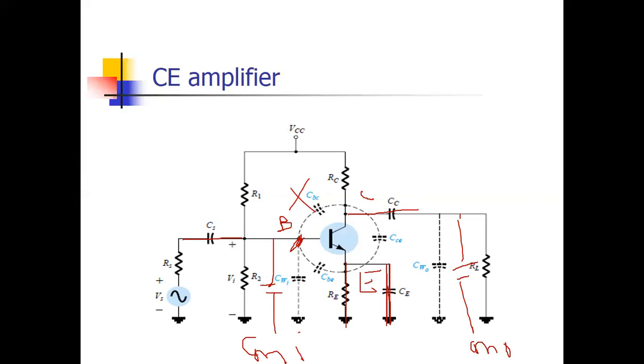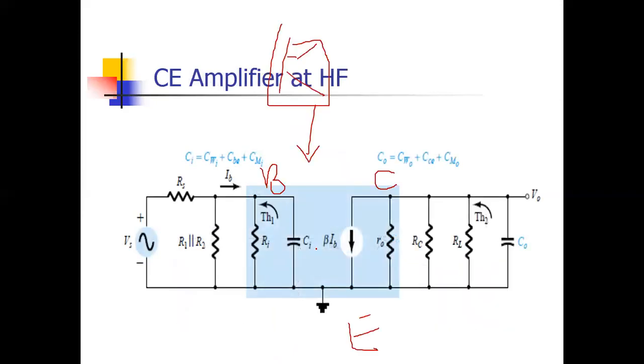So at this one node, there are three capacitances connected in parallel: CMI, CWI, CBE. If you remember the rule of capacitance in parallel, all the capacitances will be added up. So here we have one capacitance only, but the value of this capacitance is CWI plus CBE plus CMI.